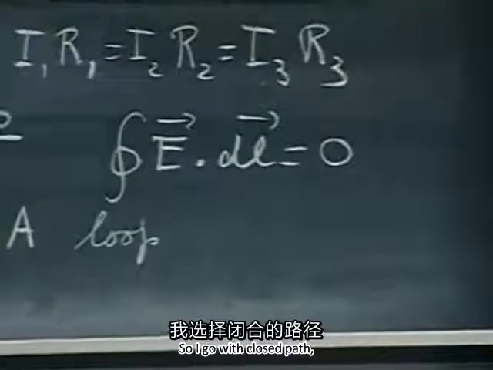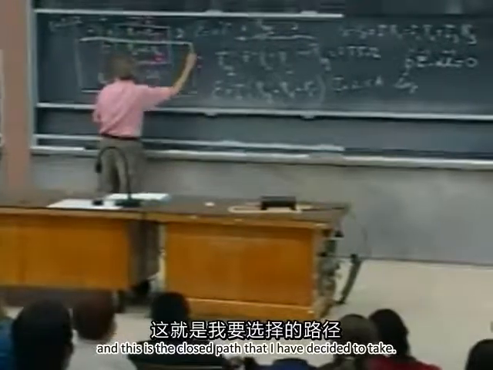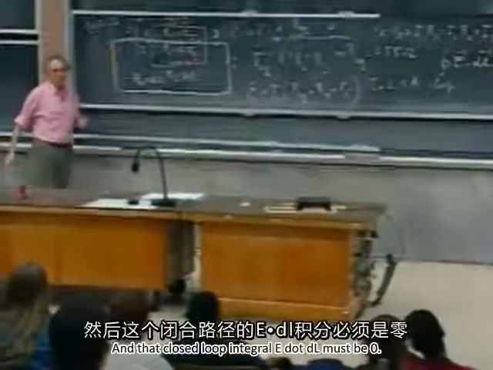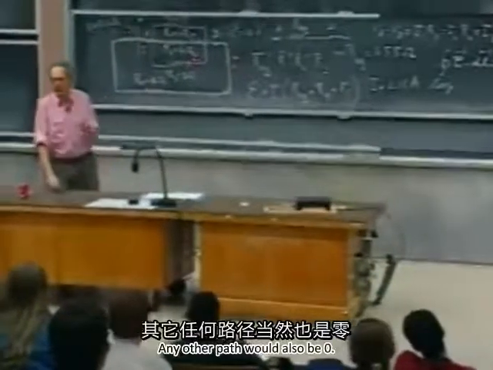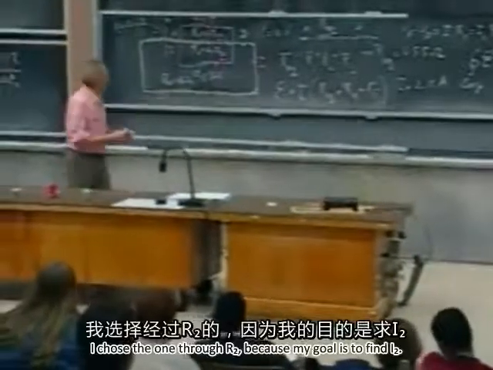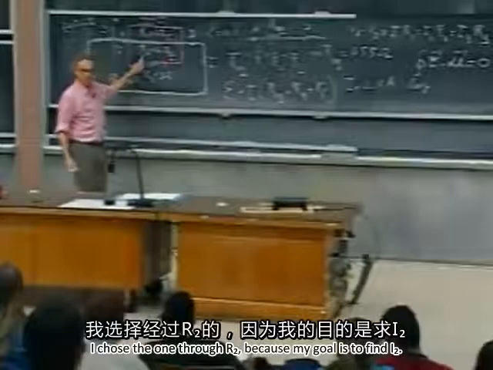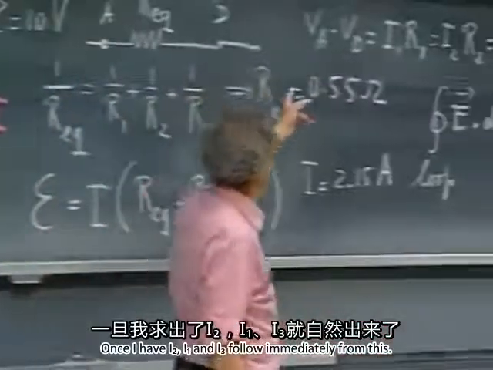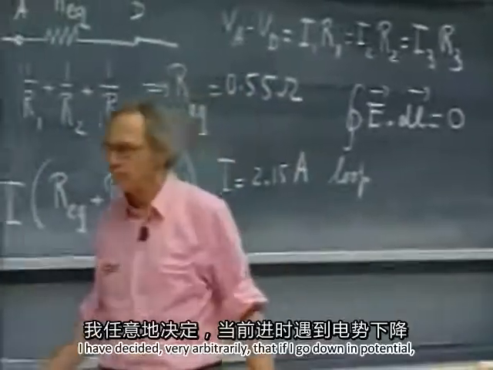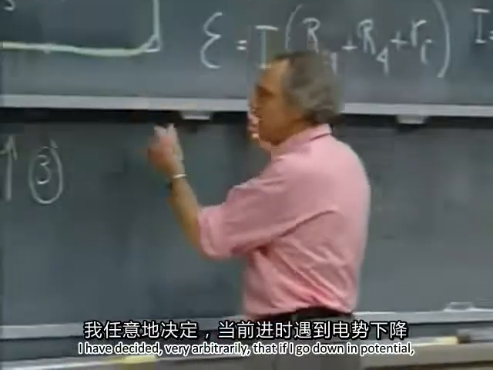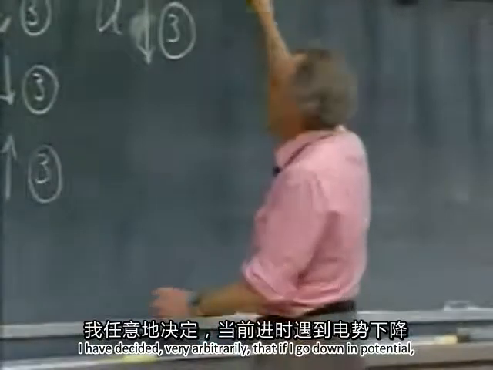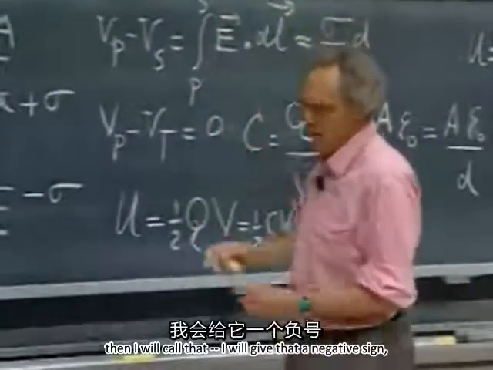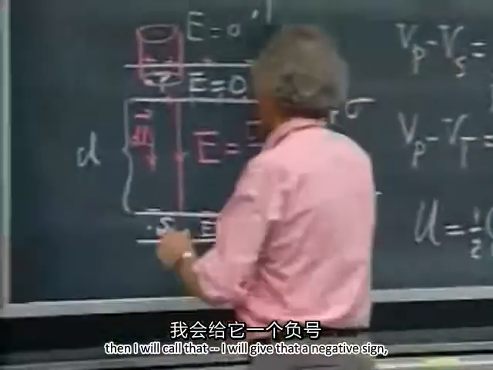So I go a closed path, and this is the closed path that I have decided to take. And that closed loop integral E dot dl must be 0. Any other path would also be 0. I chose the one through R2, because my goal is to find I2. Once I have I2, I1 and I3 follow immediately from this. I have decided, very arbitrarily, that if I go down in potential, then I will give that a negative sign.